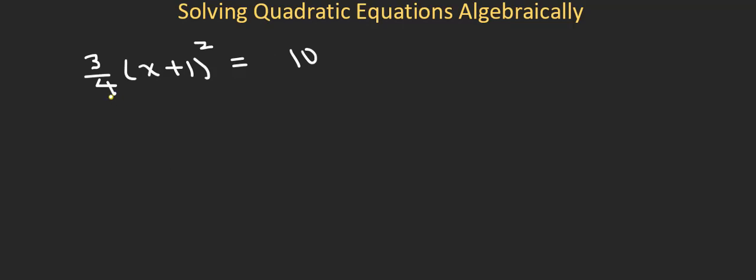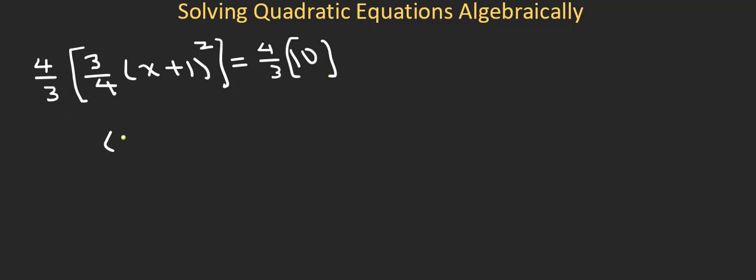In this example, we have 3 over 4 times the quantity x plus 1 squared equals 10. What you want to do is multiply both sides by the reciprocal of 3 over 4, which is 4 over 3. And you will get the quantity x plus 1 squared equals 40 over 3, because you could rewrite 10 as 10 over 1.